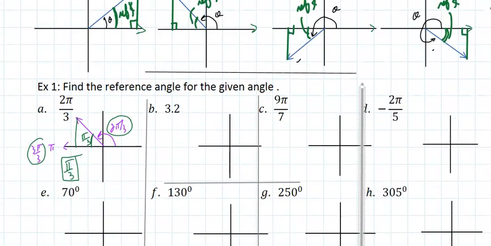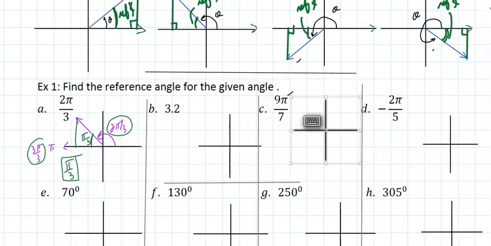So, what if I'm looking at this angle? 9 pi over 7. Well, do remember how this plays. The angle itself, this is pi over 7. Isn't that 7 pi over 7? So isn't 9 pi over 7 a bit past that?